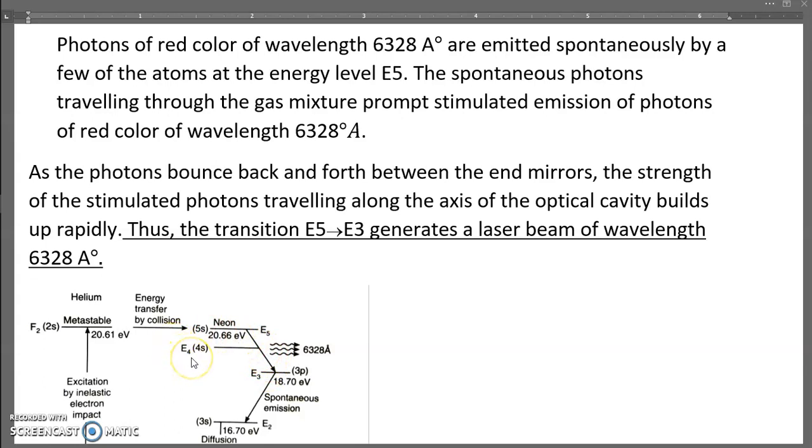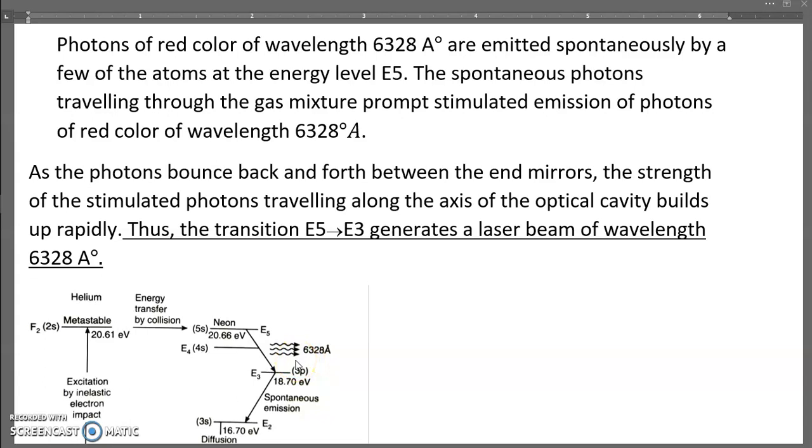Then the chance photon, that is a photon which is emitted spontaneously from neon from the metastable state to E3, triggers more excited atoms to produce stimulated emission of red color, that is of 6328 angstrom.